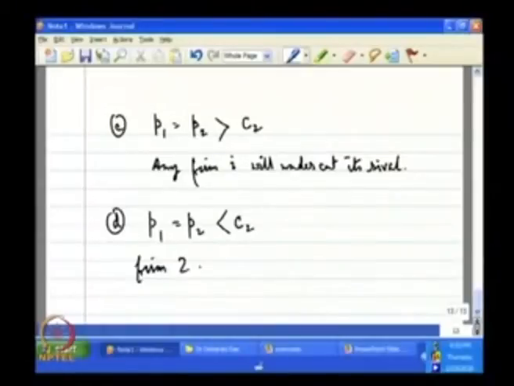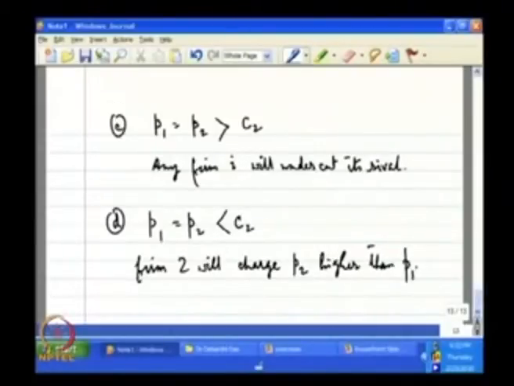So, firm 2 will do better if it deviates and charges a price higher than P1.